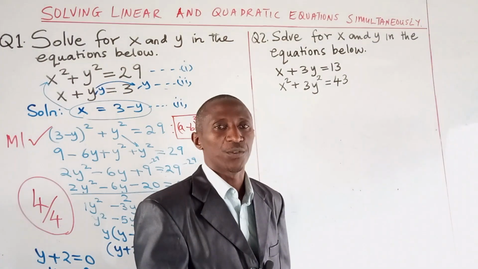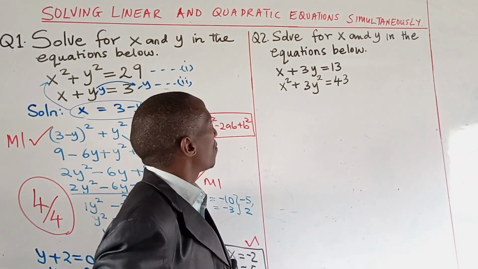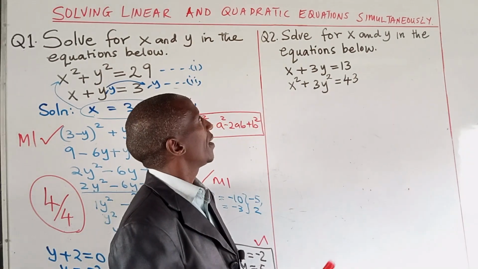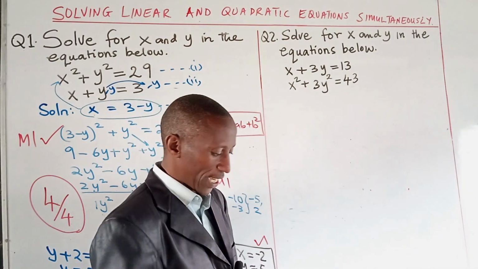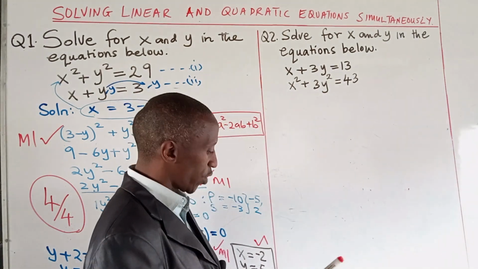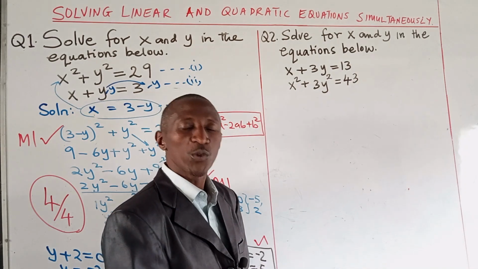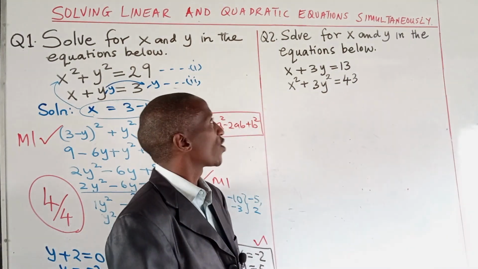Viewers, let's continue. We have this linear equation, x plus 3y equals to 13. So it is this equation which is linear, which we should substitute into the quadratic one.